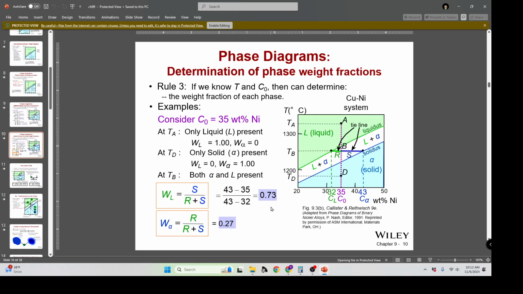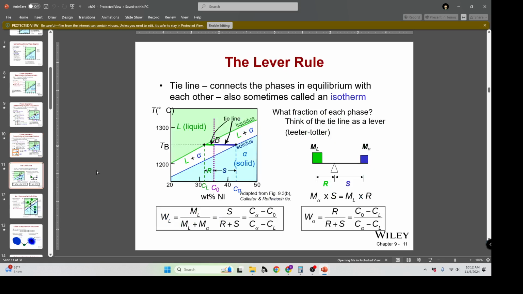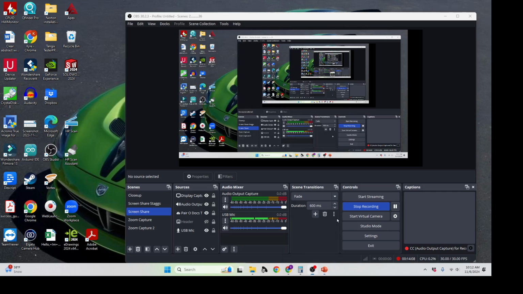If your weight fractions for the liquid are 27% or 25% and 75% in the solid, you will be wrong because you did it backwards. You didn't understand what was going on. You didn't grasp the concept. So we'll talk more about the way that this lever rule works and how to think about it so that it stays in balance.